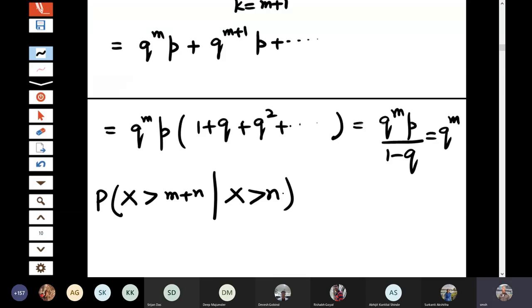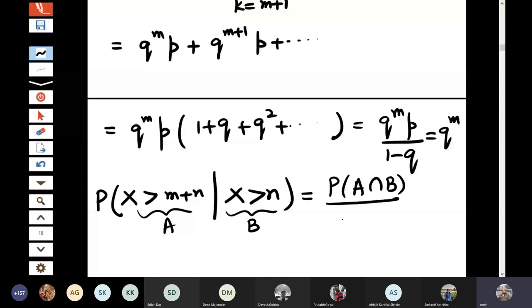What is the probability that even after another m trials you will not get the success? So we apply this. Let us consider these as events A and B. Then what is the formula for probability of A given B? It is probability of A intersection B divided by probability of B.